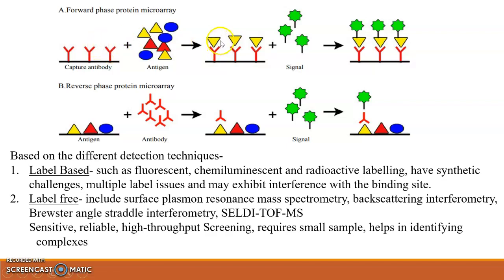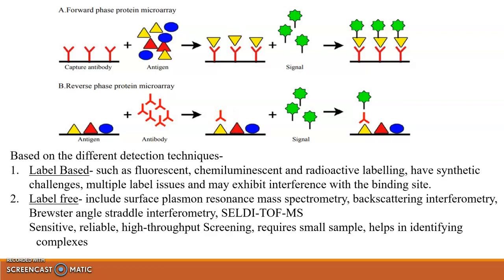Based upon this antigen-antibody interaction, the fluorescent tags attached to the antigen are detected, and the fluorescent emission intensity is read out. In the reverse phase, the microarray plate is attached with an antigen, and the antibody that is added binds with the specific antigen present on the plate. To this complex a fluorescent tag is added that binds with an antibody, and the emission intensity is determined.